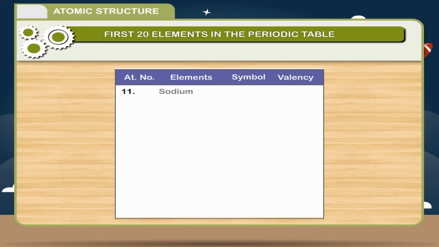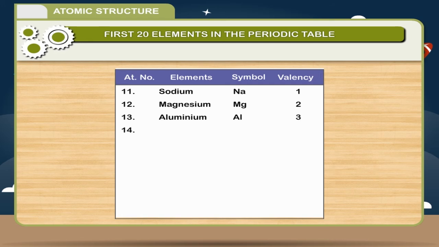11. Sodium, Na, 1. 12. Magnesium, Mg, 2. 13. Aluminium, Al, 3. 14. Silicon, Si, 4. 15. Phosphorus, P, 3. 16.